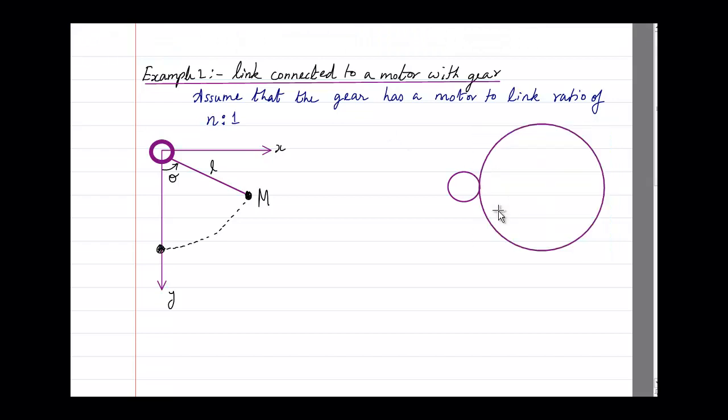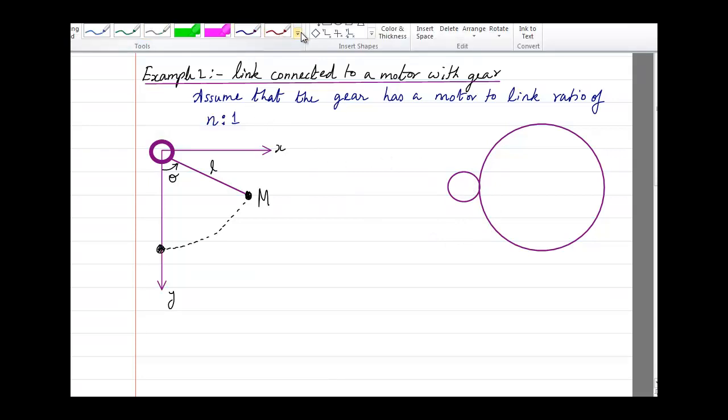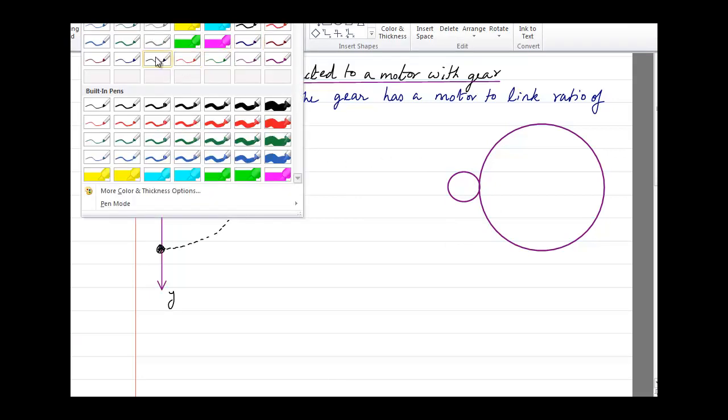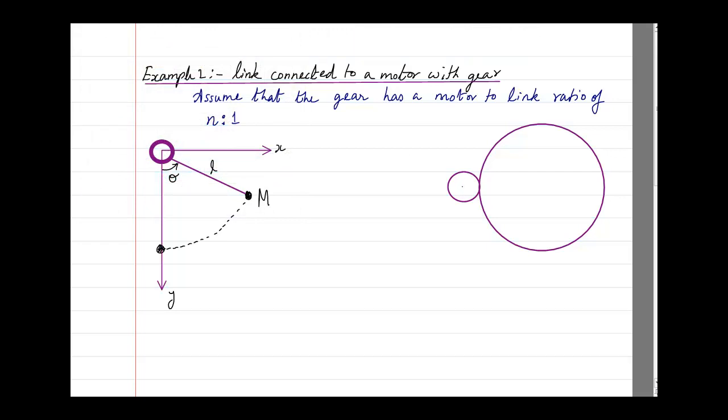So suppose both of them are touching like this and there are teeth in between. If I take the center of the first one here, and the center of the second one here, then the rotation of this will lead to the rotation of this in this direction. But the speed of rotation will be totally different for both of them.